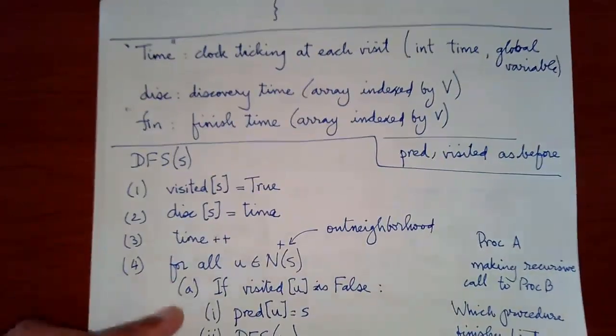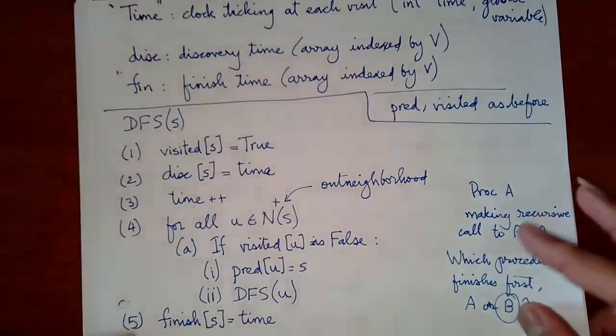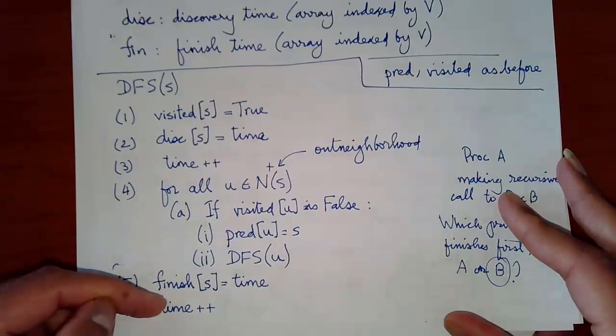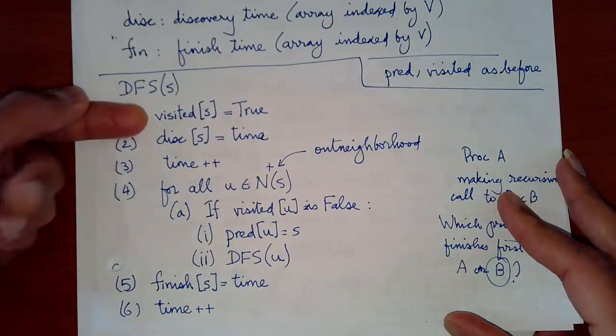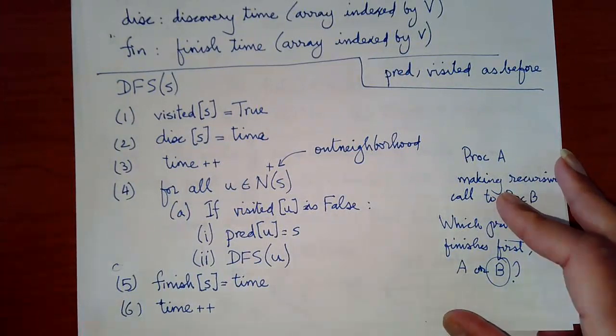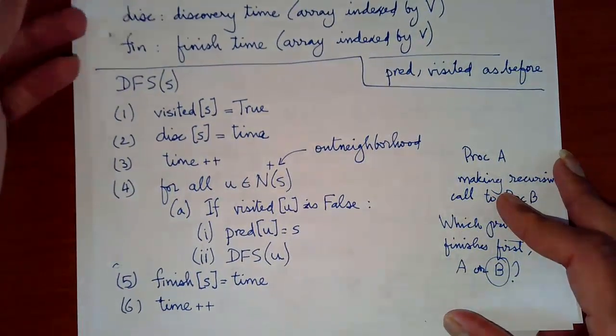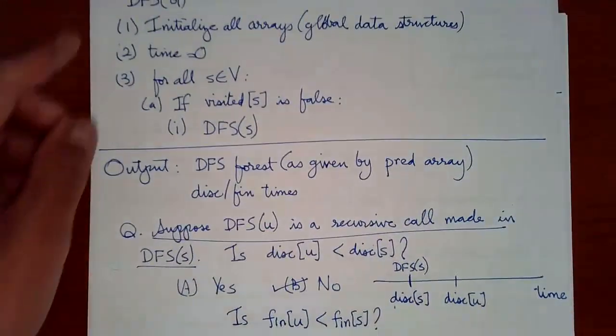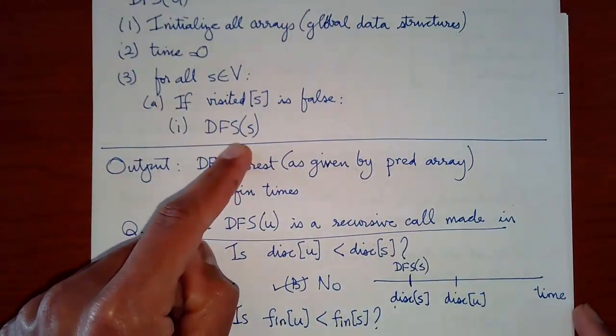And what we also have is a finish time, when the procedure finally finishes, we store the time, and the time is sort of ticking at each step. So every time there is a discovery or a finish, time increments, and so all the discovery times and finish times are distinct.